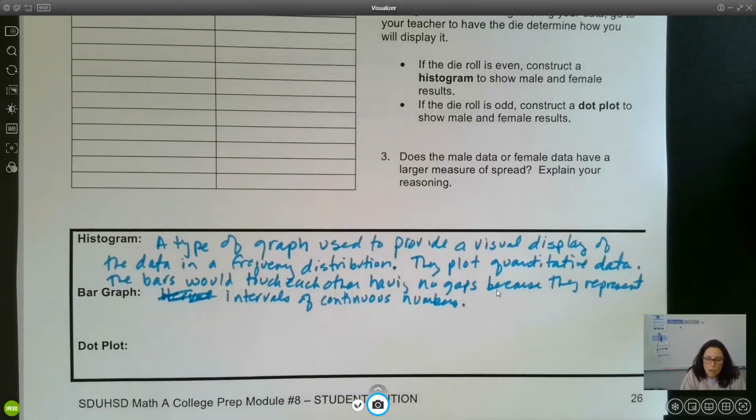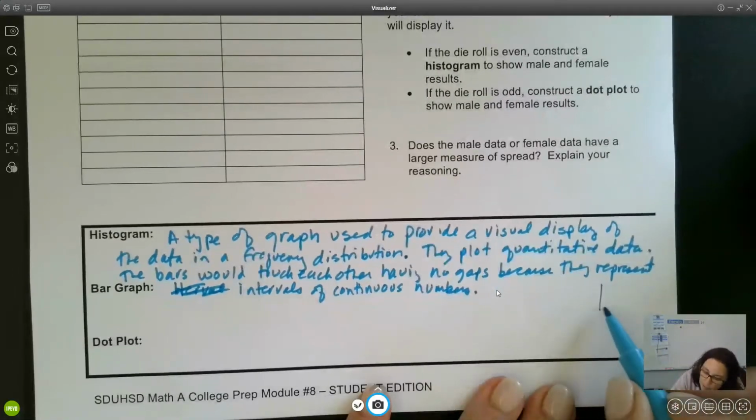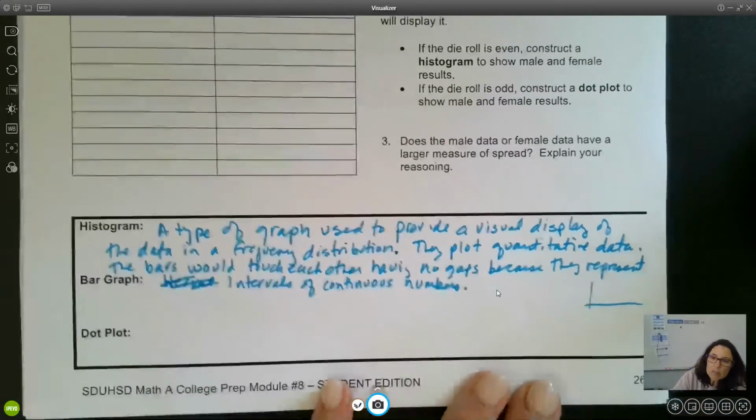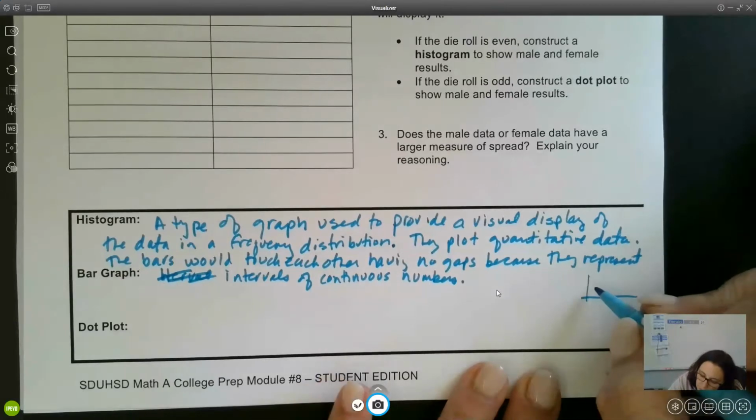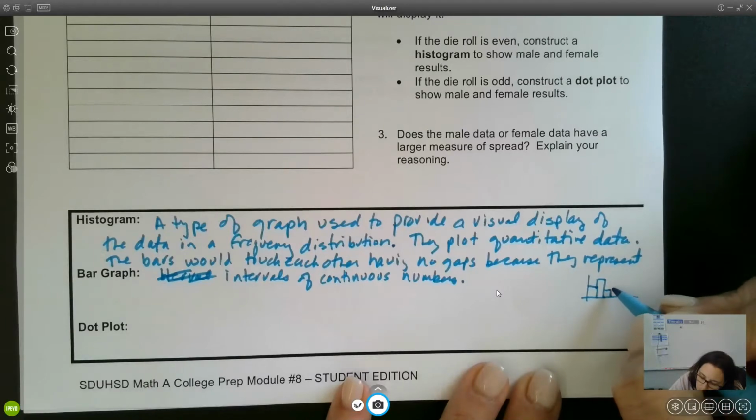So an example of that would look something like you've got this little coordinate plane here, and then you would have different columns that touch each other.